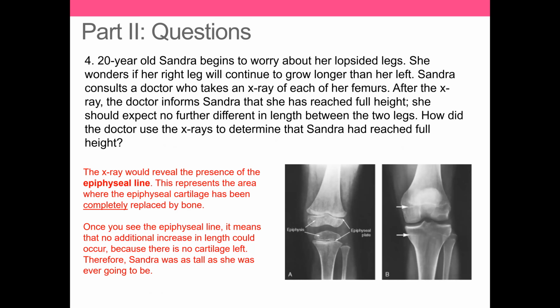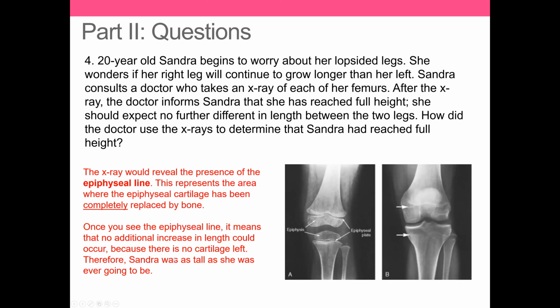So an x-ray would reveal the presence of an epiphyseal line, and that's shown over here in the right picture. So you see the epiphyseal line here versus where you see an opening in the middle of the epiphysis of a bone. If you see the epiphyseal line, that means that the epiphyseal cartilage is gone. It has been completely replaced by bone.